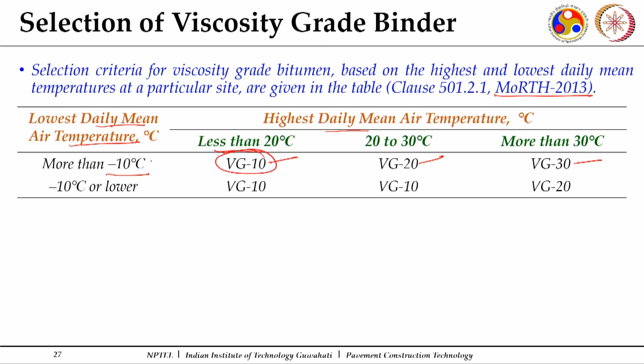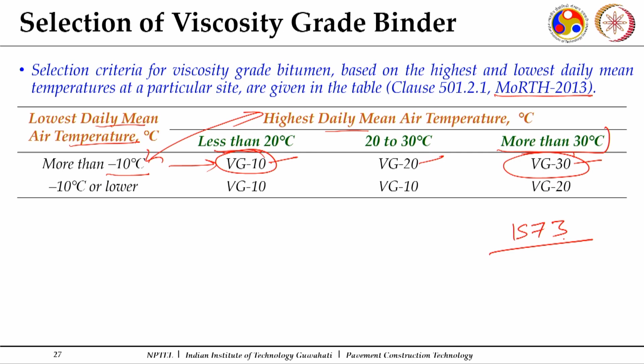So, depending upon the highest daily mean temperature and the lowest daily mean air temperature, you can decide the grade. And similarly, for this particular one, more than 30 degrees centigrade, and this is more than minus 10 degrees centigrade, you can use VG30. Similarly, it is given for VG10, 20, 30 and 40 in your IS 73 specifications.